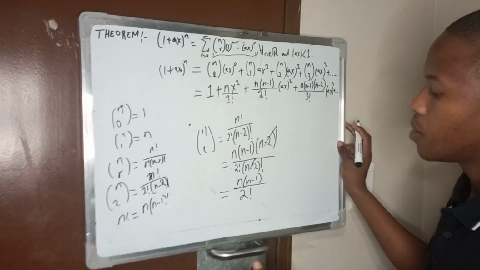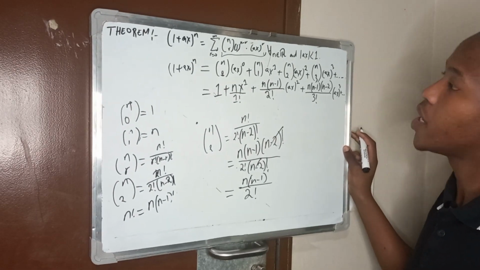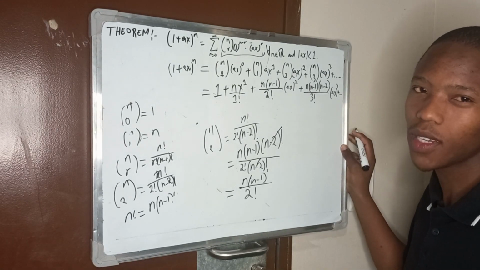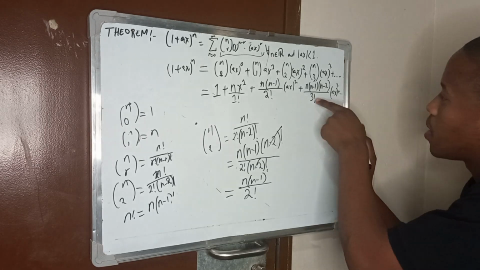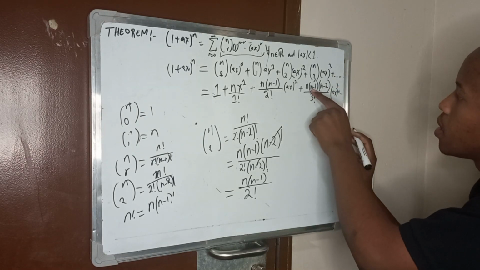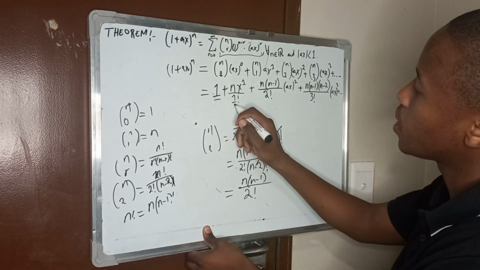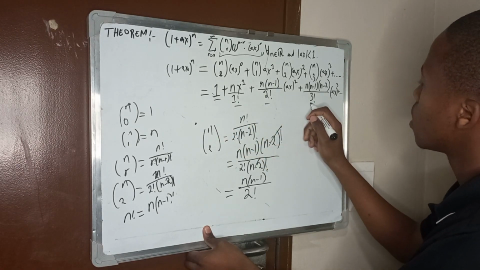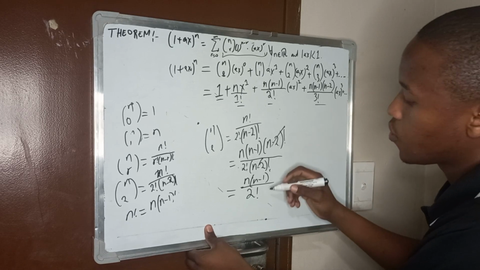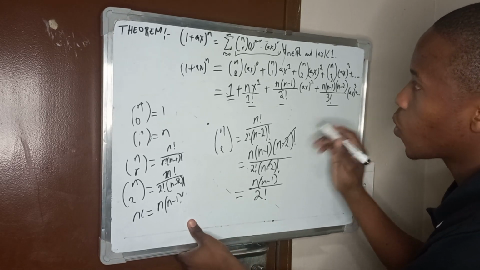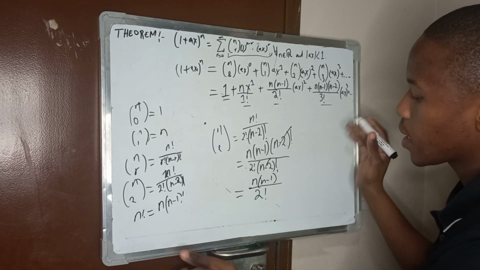If we were to compute the first 5 terms, guess what would be the next term after this one? So now how many terms do we have? We have 1, 2, 3, 4 terms. Therefore, we are done with this question. Let's go quickly to the next question.